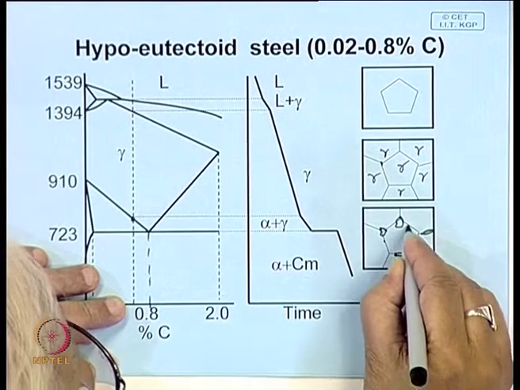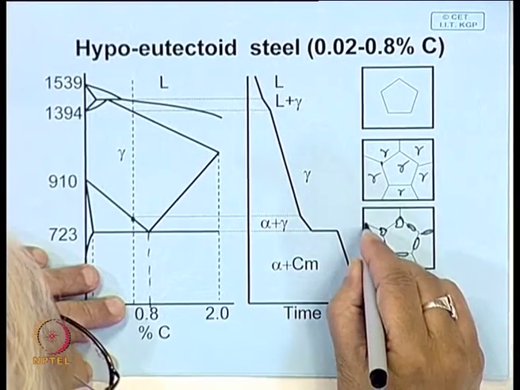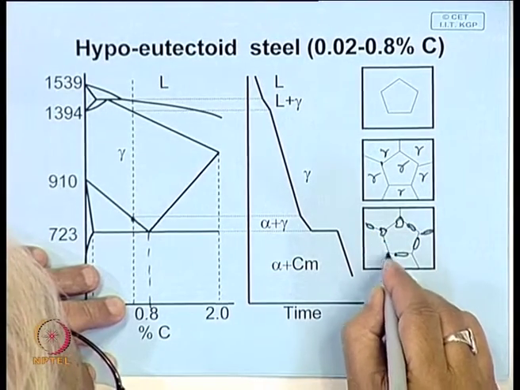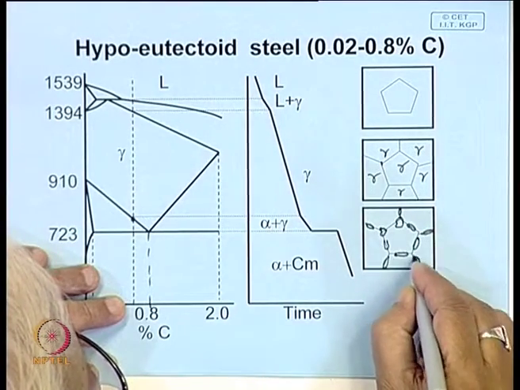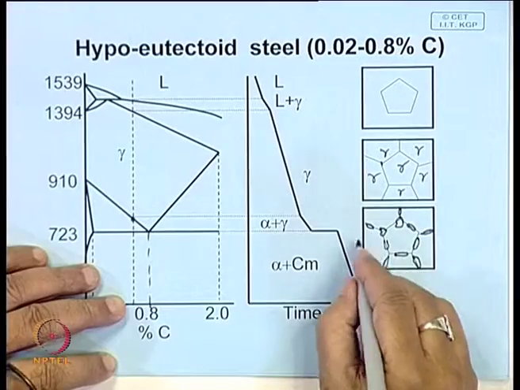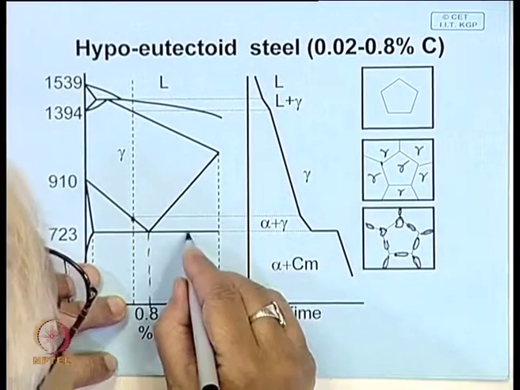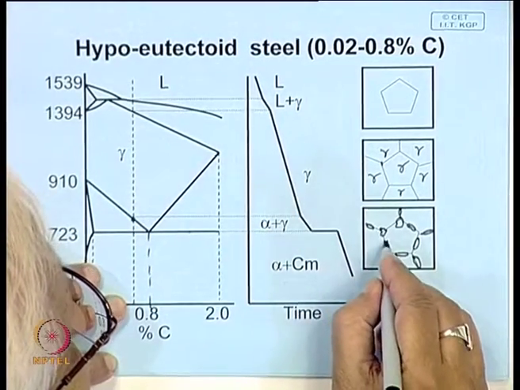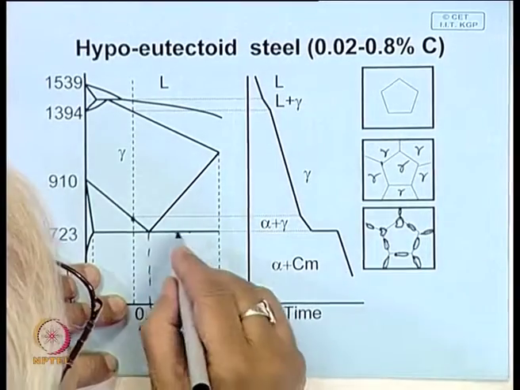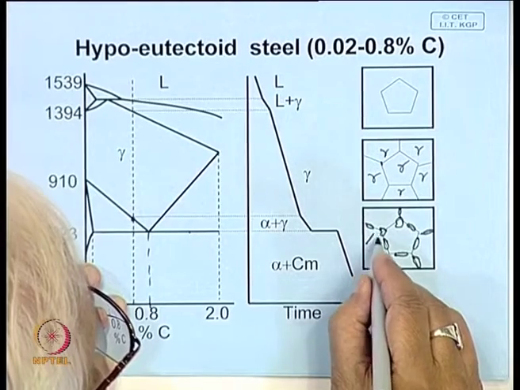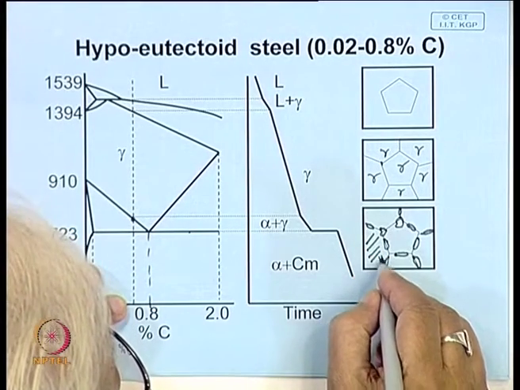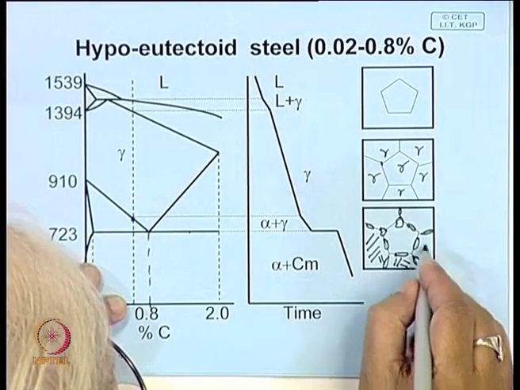These are the pro-eutectoid ferrite, and when the eutectoid temperature is reached, you will still have some amount of austenite left, and the balance austenite will transform into pearlitic structure.